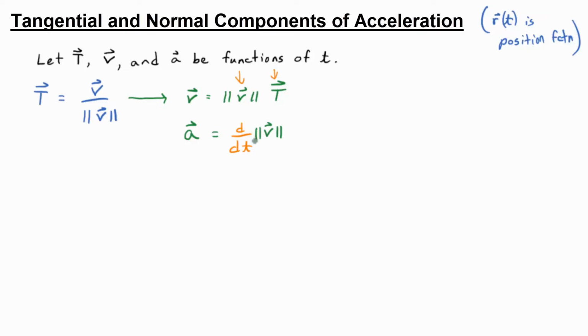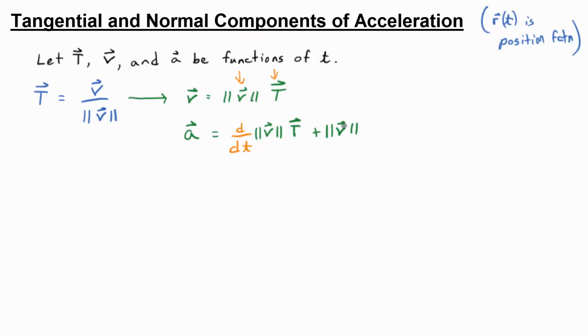That's the derivative of the first, times the second, and then we add that to the first, which is the magnitude of v, times the derivative of the second.